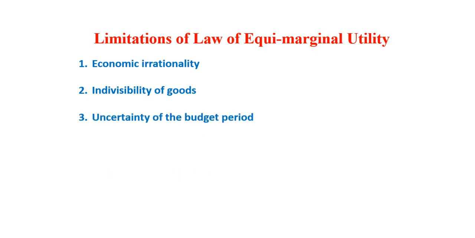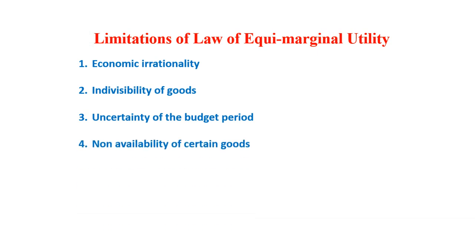Third limitation is uncertainty of the budget period. The equimarginal principle is based on the assumption that the consumer has a definite quantity of resources which is spent within a definite period of time. In fact, the consumer's budget period is not definite.